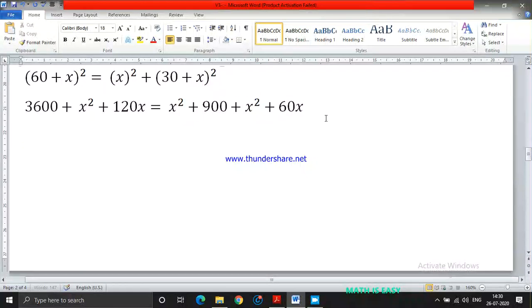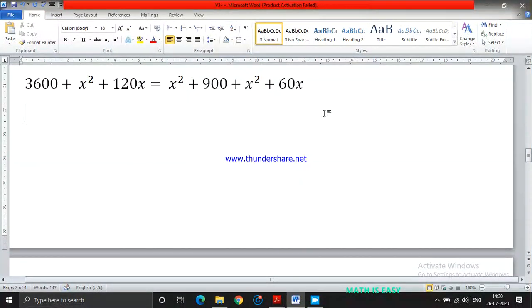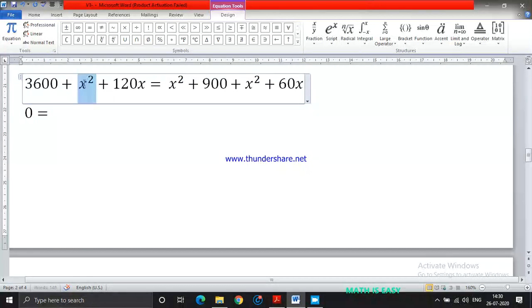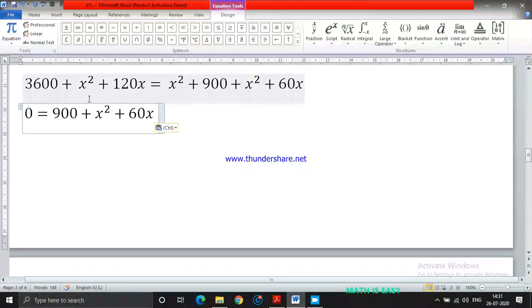Okay, so we made this step. In the next step, what you can do is bring all the terms to one side. So here I'll keep 0 equals to. You can do one thing here: this is x square and this is x square. Both are on opposite sides of the equality with the same sign, so they get cancelled. Okay, so no need to transfer this x square to that side. So first let me write what terms you have here. 0 equals to, these terms on the right hand side will be as this.